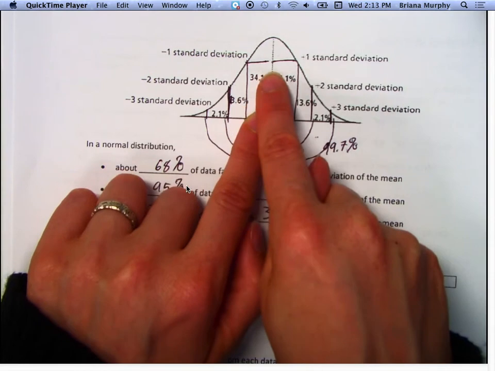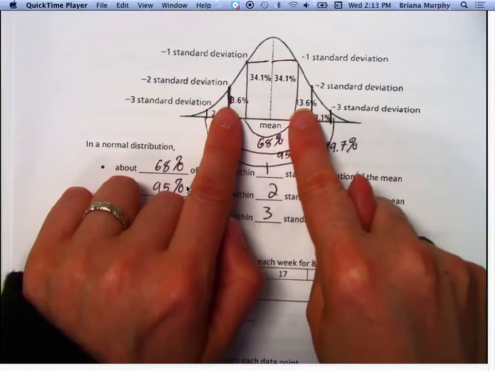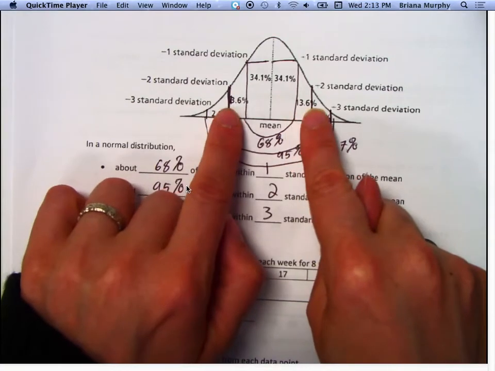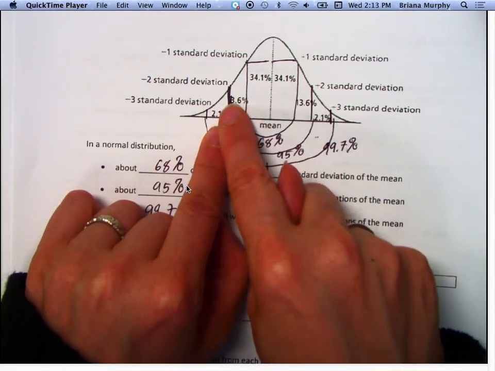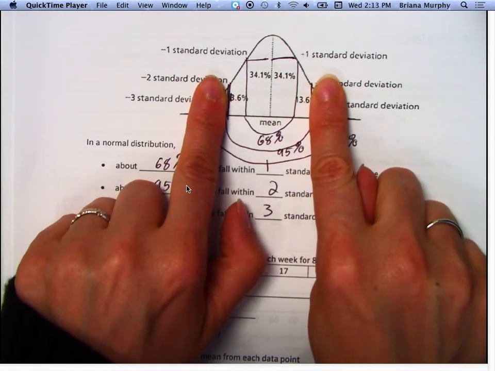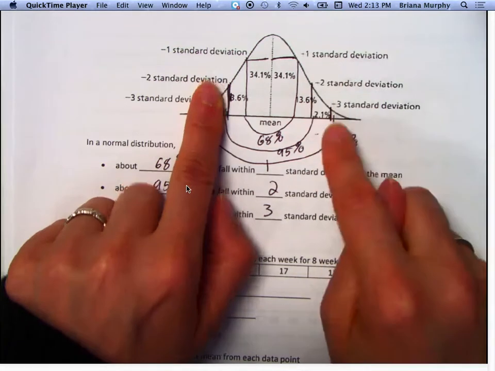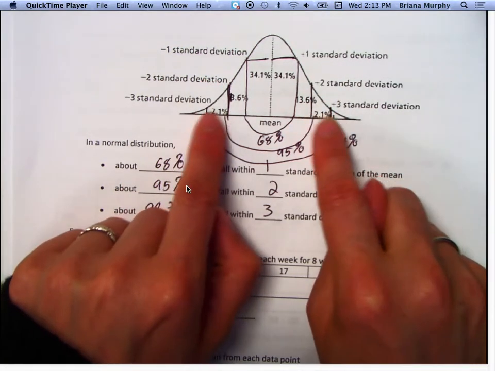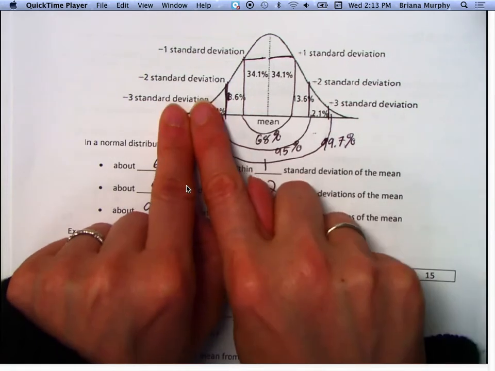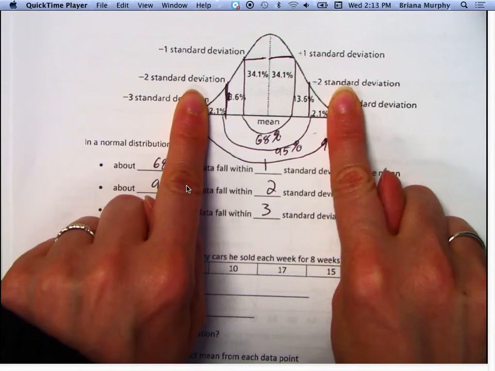This is 1 standard deviation below the mean. And then 13.6 is on each side of standard deviation 2. If I added it all up, that would be 95% of the data. Then there's 2.1 and 2.1 between the 2nd and 3rd standard deviation. But if I was going to talk about anything in between the whole thing, that would be 99.7.